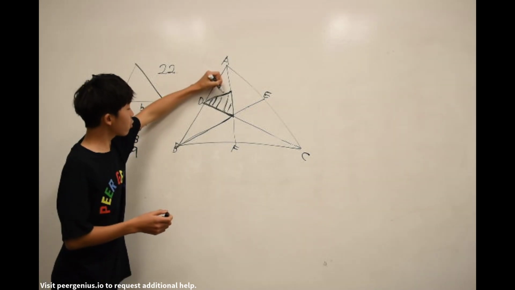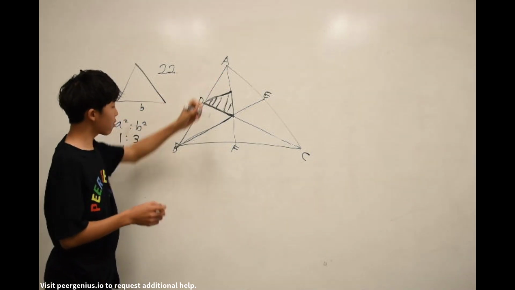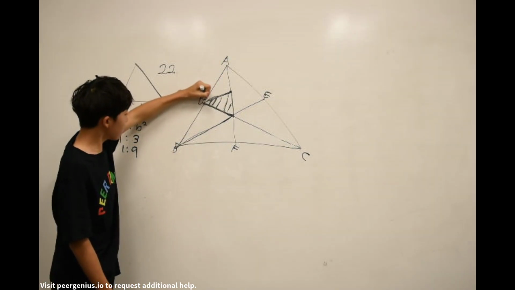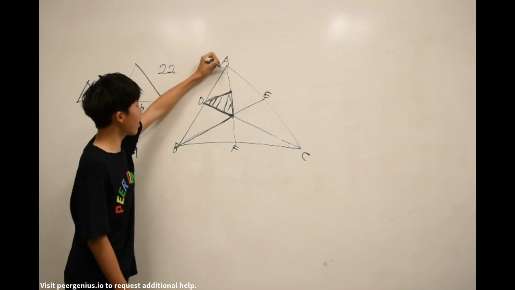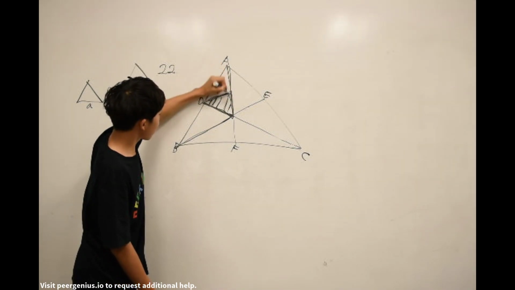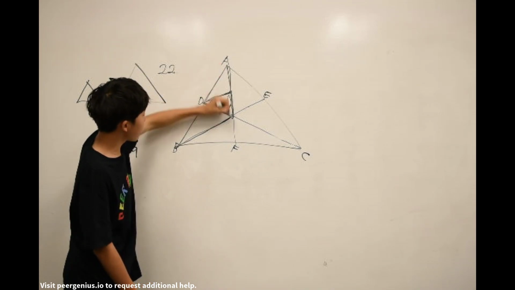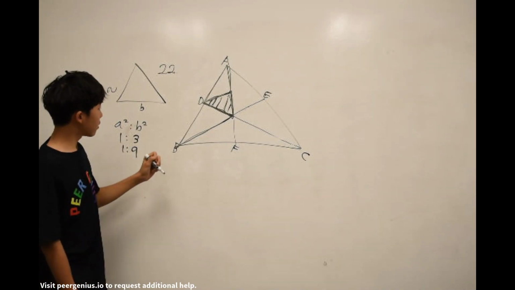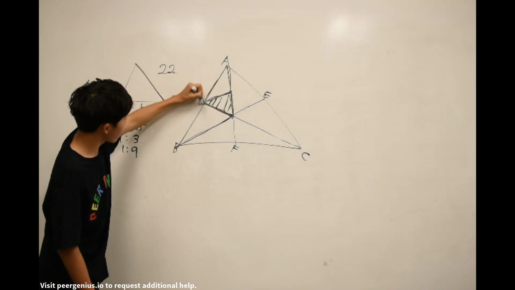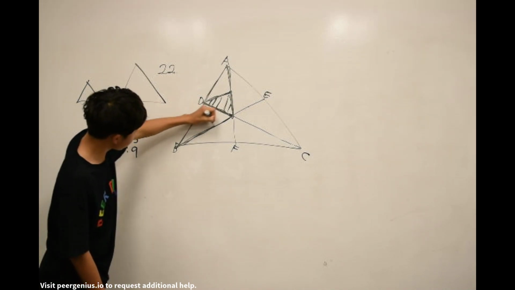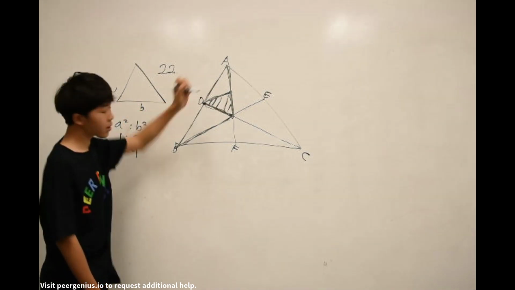Now, in order to find the area of this triangle, when you look at it, this triangle is 1/2 of this triangle because it has the same base and same height. And this entire triangle is also 1/2 of this triangle because this is the midpoint.